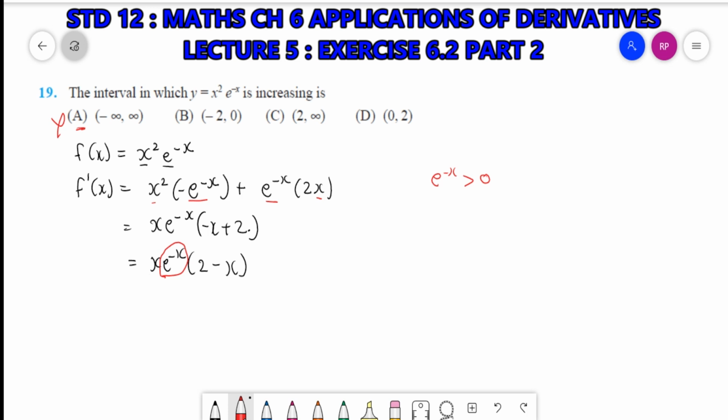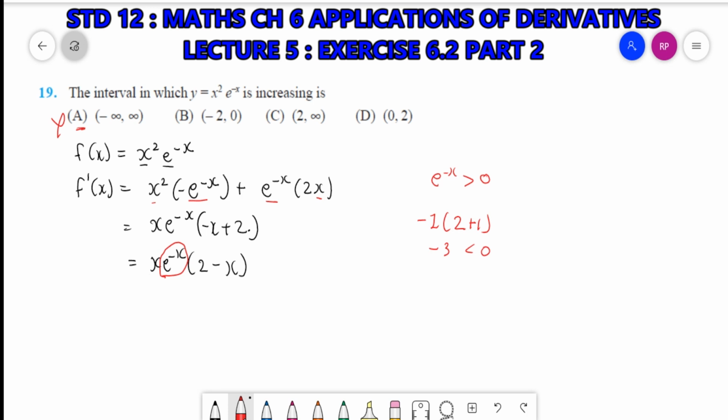Now moving to option B. Option B is minus 2 to 0. If I take any value between minus 2 and 0, let's say minus 1. So x is minus 1 and this will be 2 minus minus 1, so plus 1. So 3 into minus 1 is minus 3. Okay, so that is also less than 0.